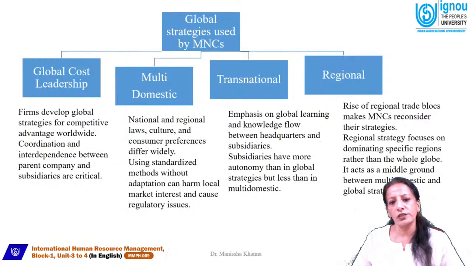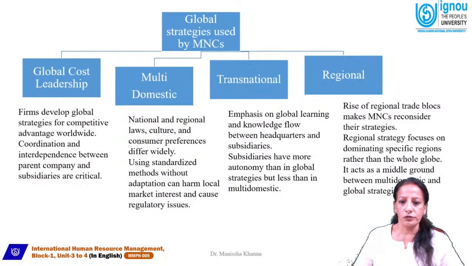The third strategy is transnational, with the emphasis on global learning and knowledge flow between the headquarters and subsidiary. They are very focused on the development processes, where they want to strategize or make them aligned with the organization's overall long-term goals.